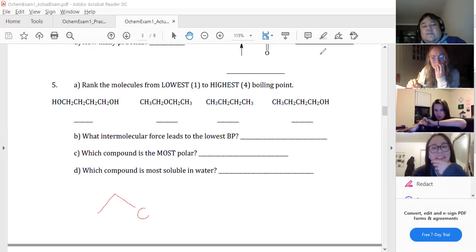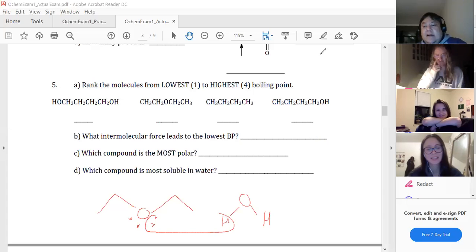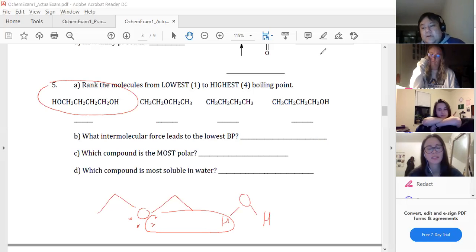Okay, I'll ask you this. Can this molecule do hydrogen bonding with water? Yes, it can. This oxygen can do a hydrogen bond with that hydrogen, right? Remember oxygen to hydrogen like that? But how many places can a hydrogen bond here?